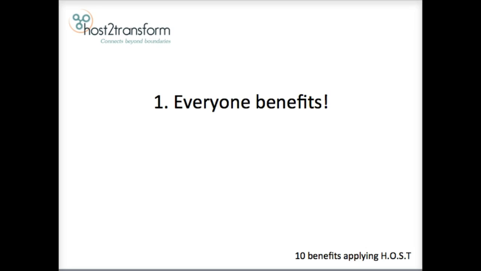And of course, the participants benefit from it because they feel more energized, they feel connected, they feel that they have obtained new knowledge, networks, and skills, new ideas, etc.